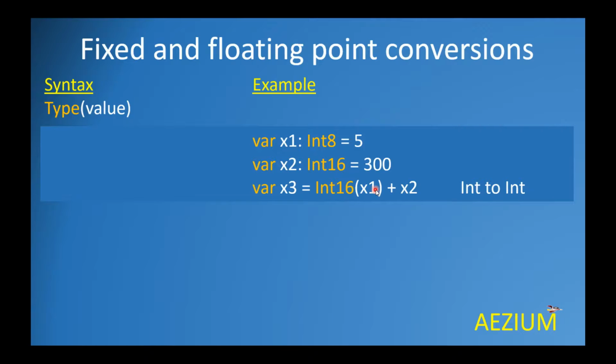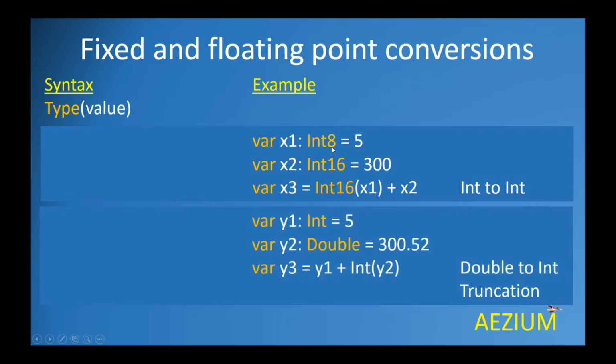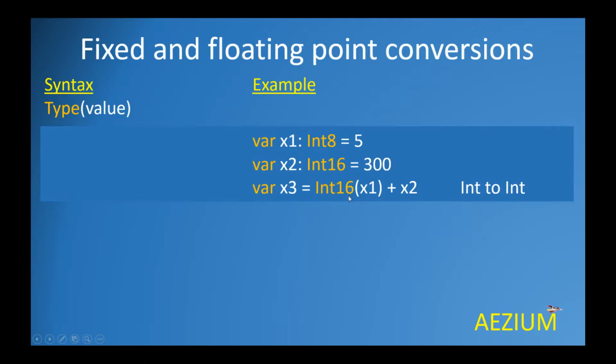So here we are converting x1 from this data type, which is Int8, to Int16 first. And once that is done, the new number is going to be an Int16 number, and we can add that to x2, which is already an Int16 number. And by way of reference, Swift will determine that the data type of x3 is also Int16.